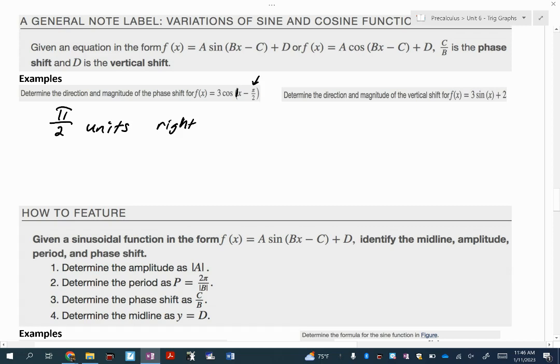So in terms of this one, I did not do any factoring. This next one has a +2, and we're trying to figure out the vertical shift. So my letter D is 2, so it's going to be 2 units up. All right, so that is it right now for the phase shift, which I call horizontal shift, and for the vertical shift.